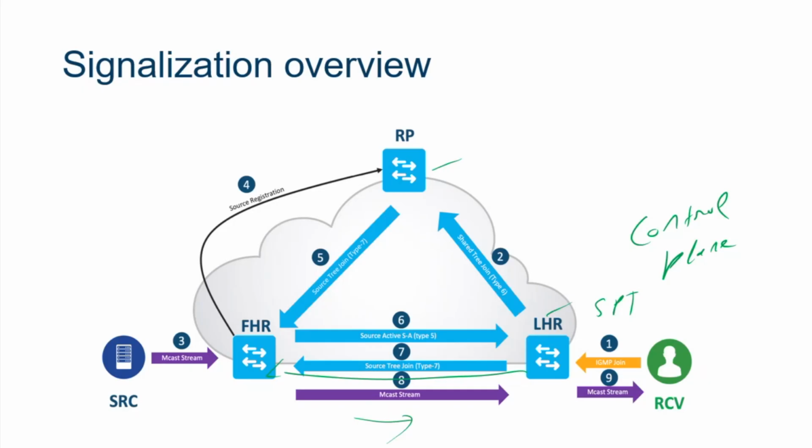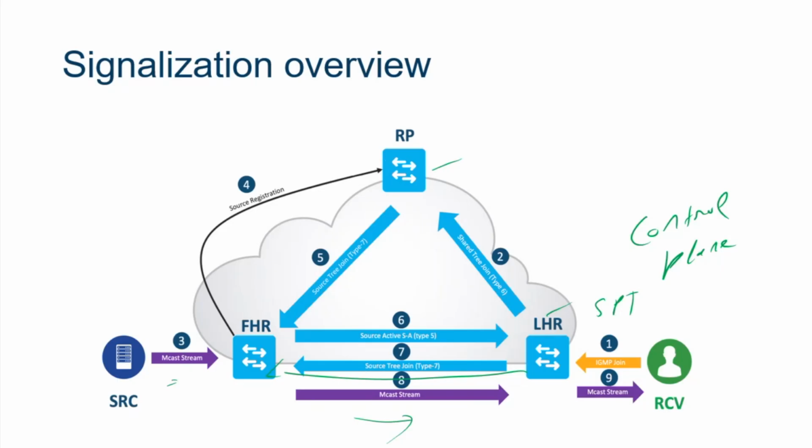No. Packets are always sent from the receiver. Remember this thing: multicast is a receiver initiated thing. Let's say there are no receivers. This FHR, this source comes online. What will happen? FHR will send a PIM register message to RP. RP will see there are no receivers.